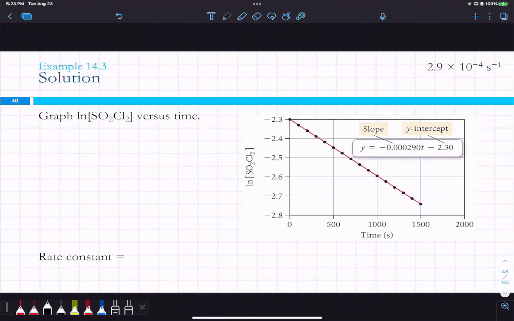And then the other cool thing about the integrated first order rate law, and actually all the integrated rate laws, is that they have, so this will be for sulfuryl chloride, SO2Cl2, at time t equals negative k times t plus the natural log of SO2Cl2 at 0, which is the initial.